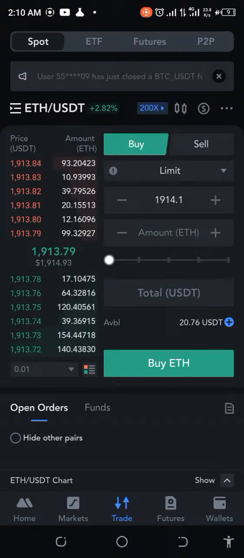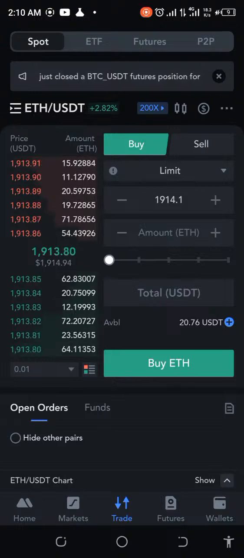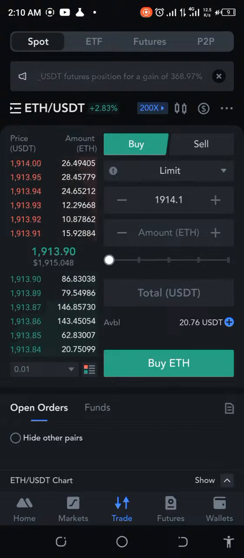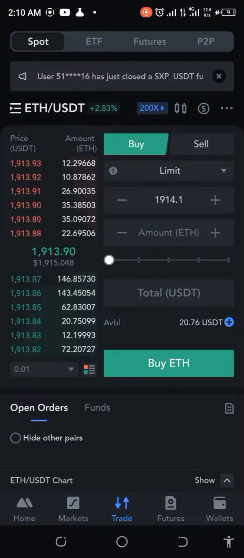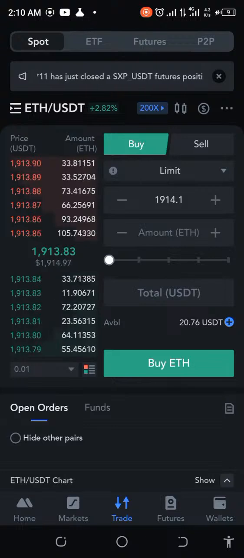My own personal advice is that you can spread your assets. You don't necessarily have to put your entire asset into just one pair. You could have three, four, five. I spread mine, and you put it into different good, profitable coins, of course after looking at all the parameters and everything.